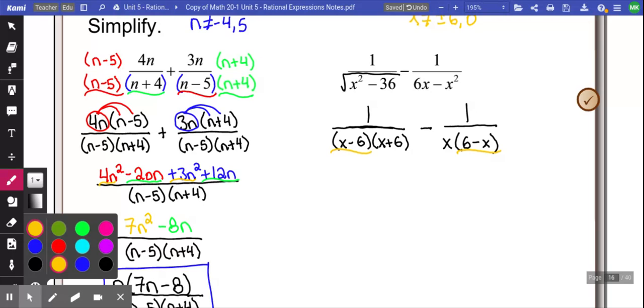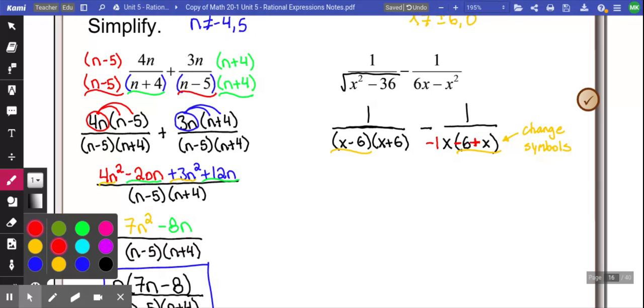So if I could somehow change the symbols of that binomial, then they actually would be the exact same. And the way we change the symbols is by factoring out a negative 1. If you take a negative 1 and you put it out front, it will change the symbols on the inside. And now those two binomials are the same.